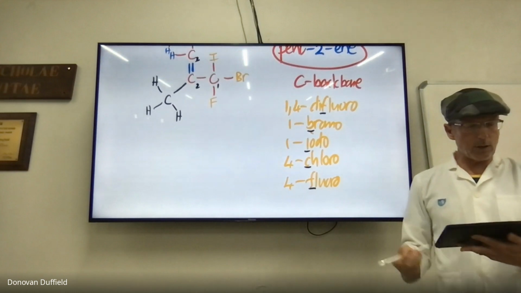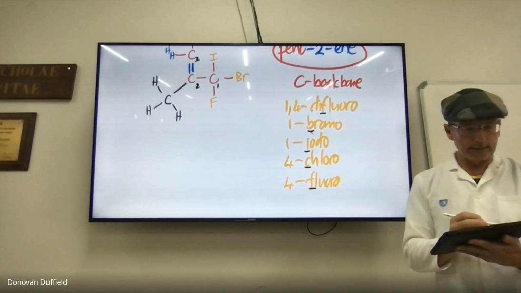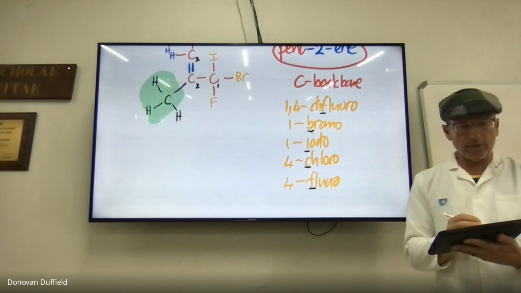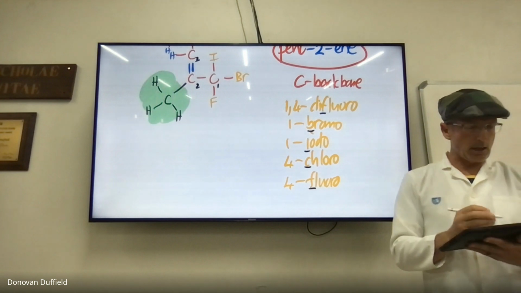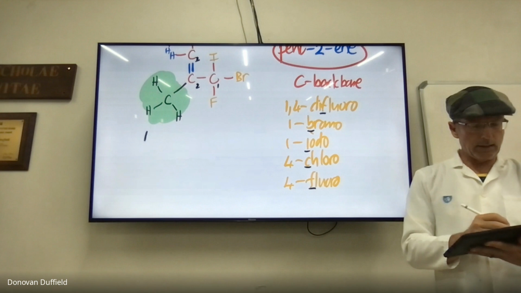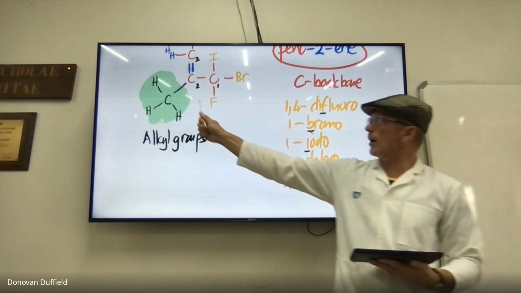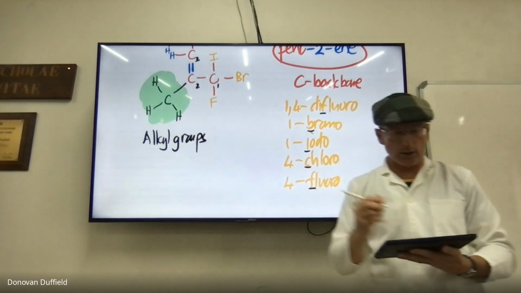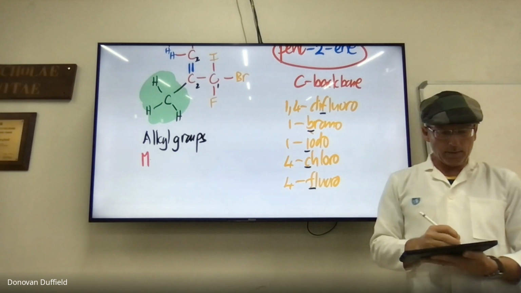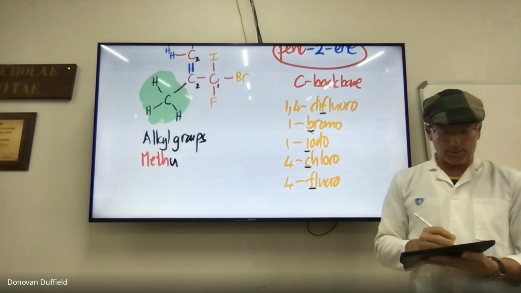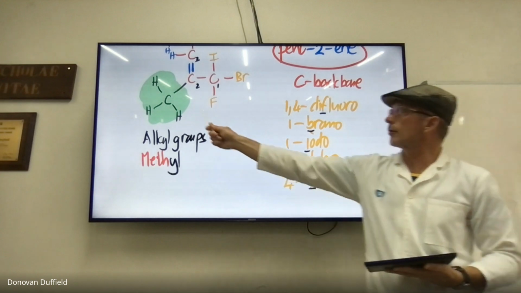Now, can you see on this side here, we have what's called an alkyl group. Alkyl groups are like alkanes, but they are now substituents. So when your alkyl branch has one carbon, this will be methyl. That is for one carbon.